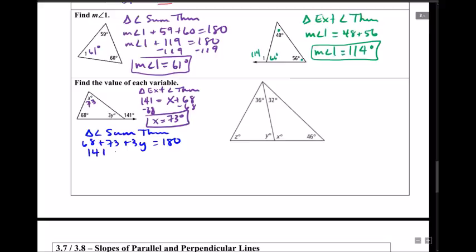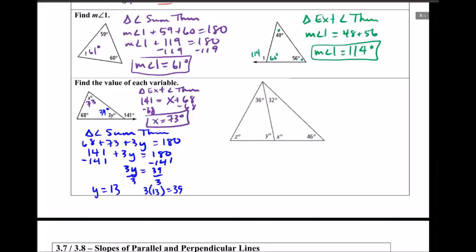That's 141 plus 3y equals 180. 39 divided by 3. So y is going to equal 13, and I do 3 times 13. That's funny. 3y equals 39. We had 3y equals 39 there already. So I'm going to mark this 39 degrees.